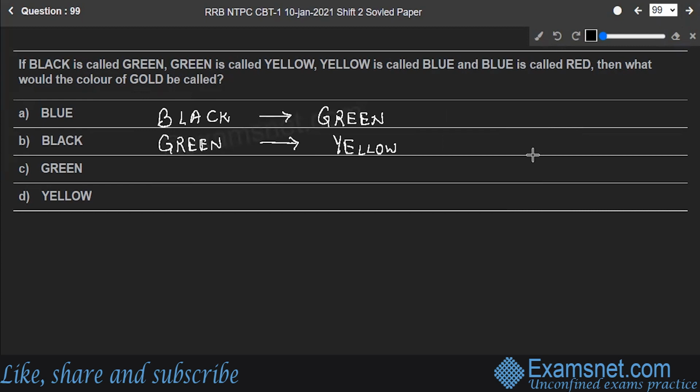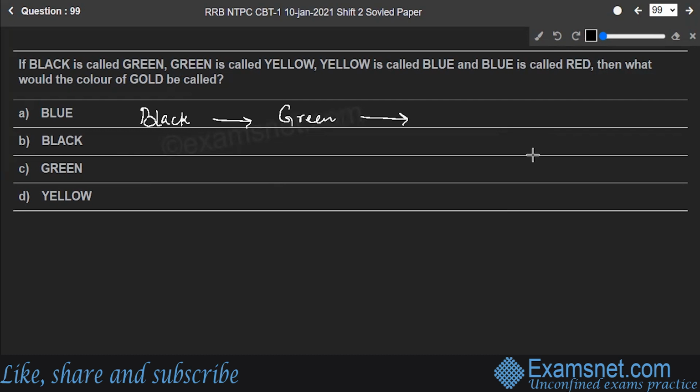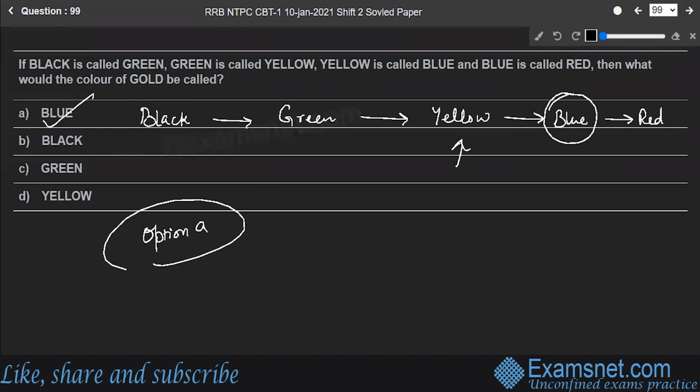Black is called green, is called yellow, is called blue, is called red. Then what is the color of the gold? See, the color of the gold is of course yellow, and yellow is called blue. That means the answer is blue. Option A. Right? Hope you understood this.